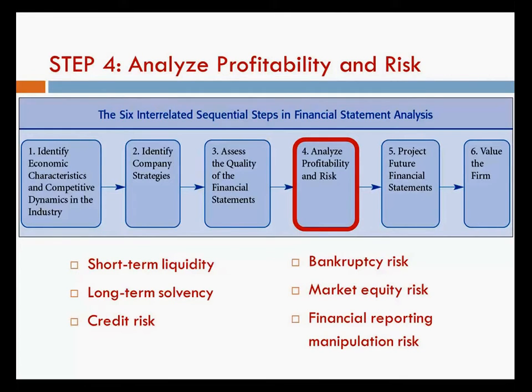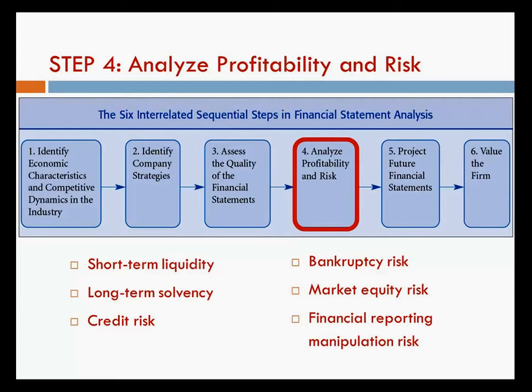We'll talk about ratios related to short-term liquidity and long-term solvency. Then we'll talk about credit risk. This will move away from ratios, and we'll just talk about the components of credit risk. Bankruptcy risk: there's actually a quantifiable way that's reasonably effective to determine whether a company is at risk of bankruptcy, looking forward.